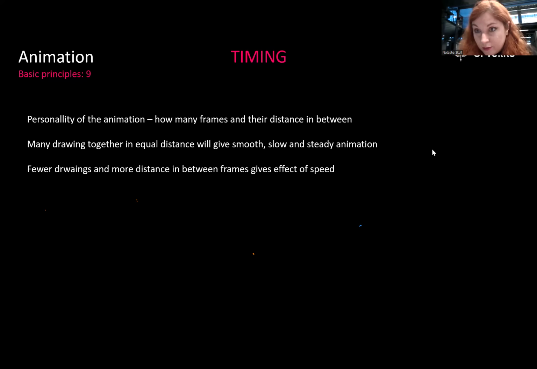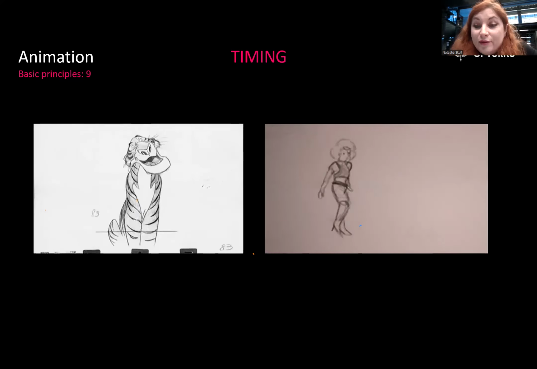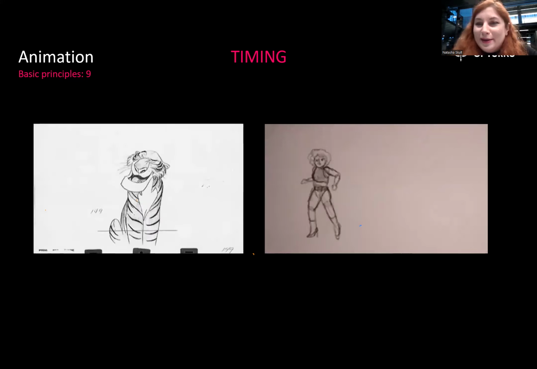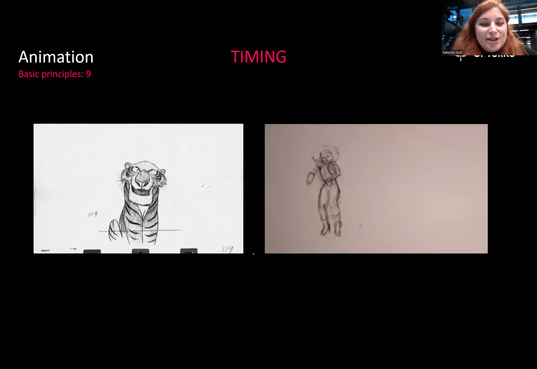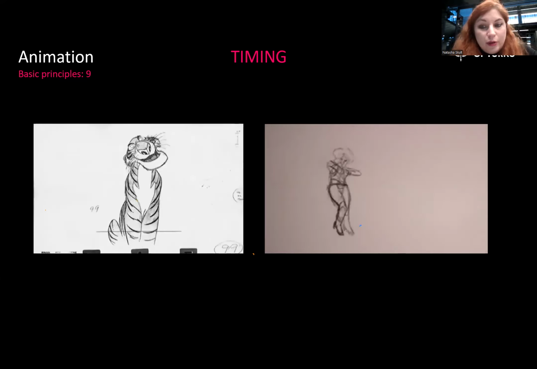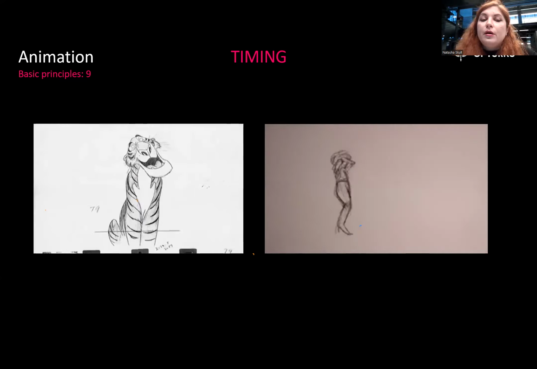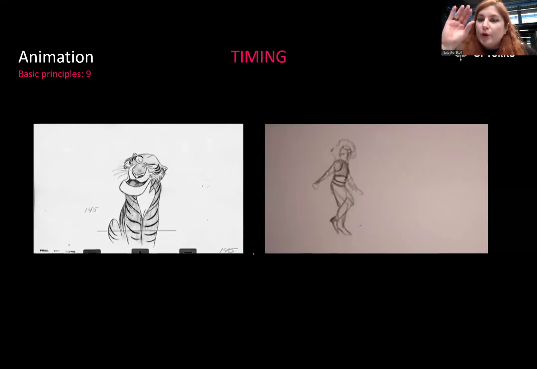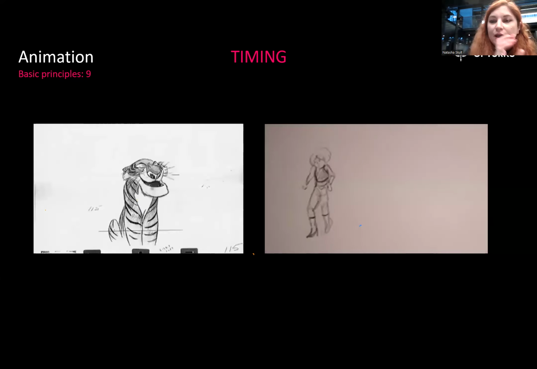So now let's see how it works. We have Shere Khan on the left, and we have a jolly lady going nuts with the dancing. So pay attention to Shere Khan. Again, Disney is the place where you can learn the mastery of all of this, and pay attention to this pausing: he says something, pauses, and there is this faster thing that changes the pose as he's laughing to the other side.